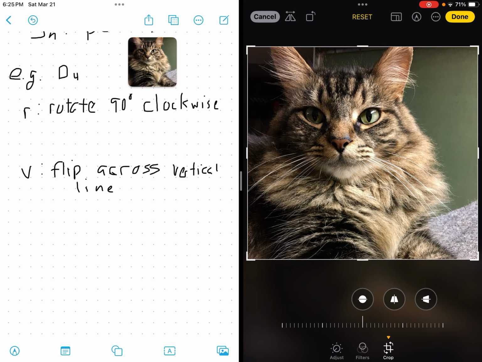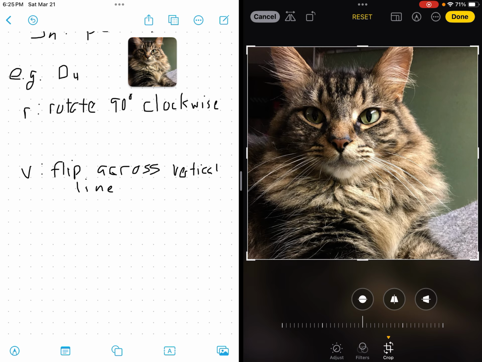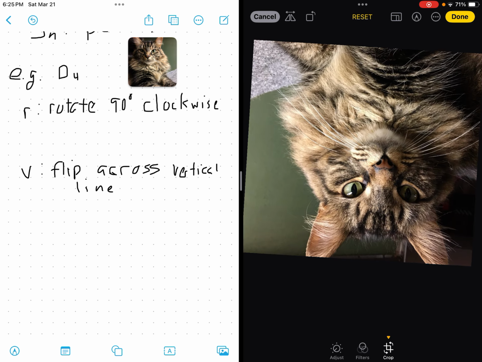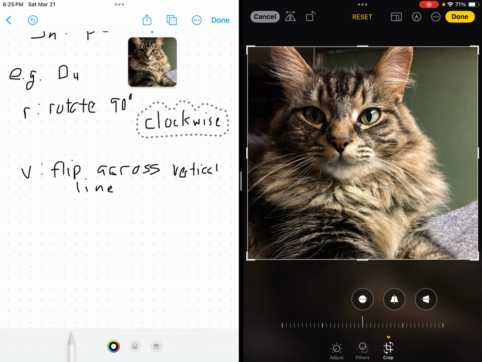So if you see here, my photo app lets me rotate this square. So we're going to call R a 90-degree rotation, counterclockwise.